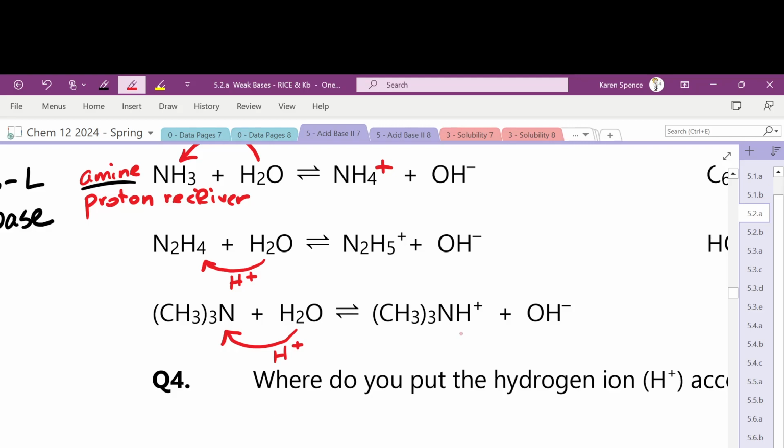But chances are you'll actually be given the formula anyway. But if you need to, you can just stick the hydrogen on the end. When in doubt, stick the hydrogen on the N.